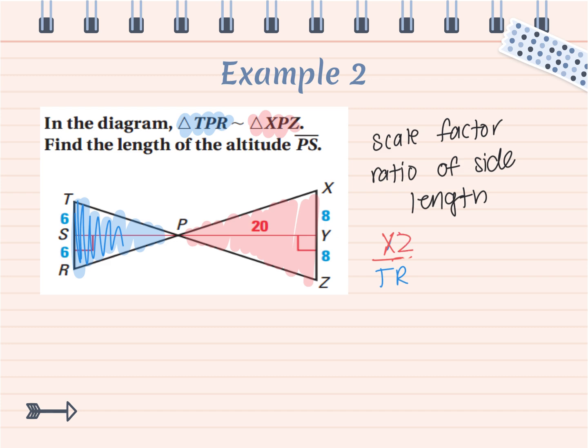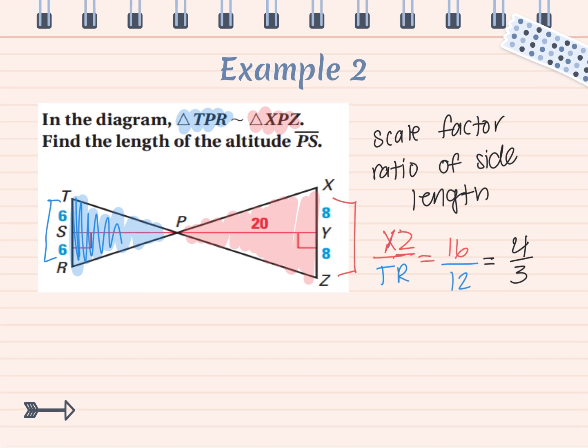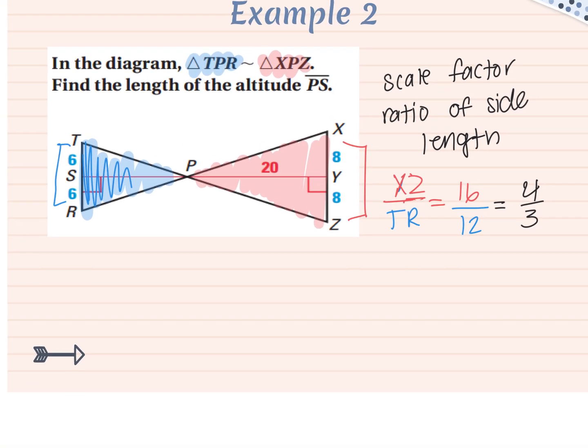So XZ is what measure? From X to Z, how many units is that? 16. Now from TR, how many units is that? 12. Can I simplify this? What number can I simplify to? 4 over 3.